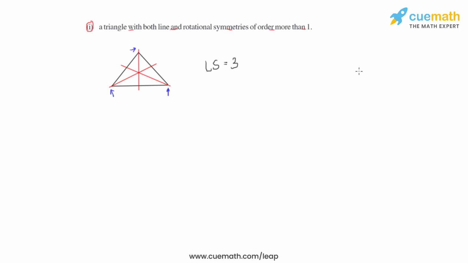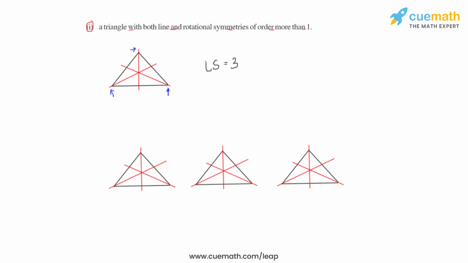Let us now see what we get in case of a rotational symmetry. Now in case of a rotational symmetry, I've again taken the triangle here in sequence. Let us mark the top part of this triangle using this blue point so that we can track the rotation of this triangle.